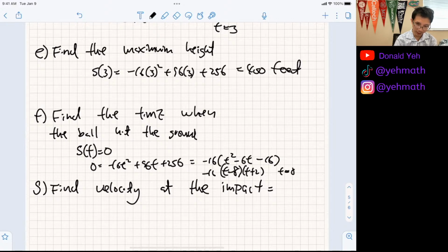So t is equal to 8 and t equals negative 2. But this one's not a solution because that's out of the physical constraint. Physical constraint is like you cannot go back in time. You cannot set t equal to negative 2. So that's why you use t equal to 8.